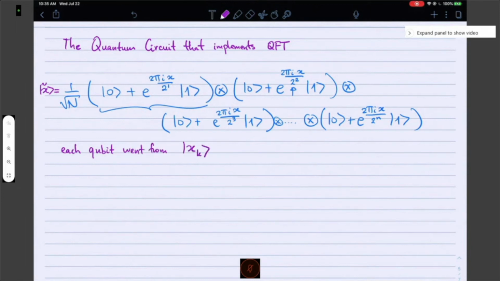Again, I'll remind you, x used to be x1 tensor x2 tensor ... all the way up to xn. I'm writing it out with these spaces so that you see clearly what each one corresponds to. Each qubit went from xk to |0> plus e to the 2 pi i x over 2 to the power of k |1>.